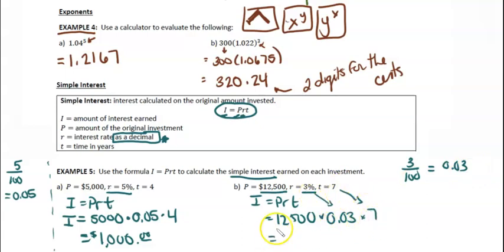And then the 7, we just sub in. So what we want to do is plug this into our calculators. Again, multiplication doesn't matter what order we go in. So 12,500 times 0.03 times 7, we get 2625. Okay, and no change.